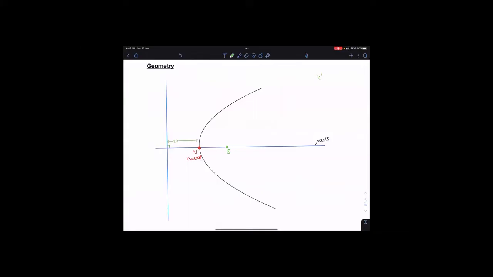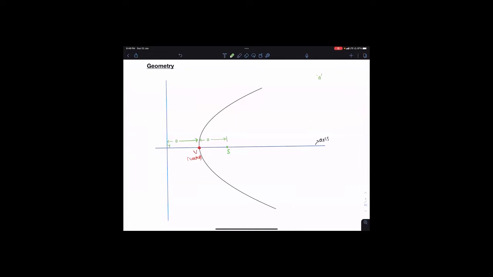Sorry, that is a, not 2a. And the same distance from vertex, if you go to the inside of the parabola along the axis, you will get the focus.